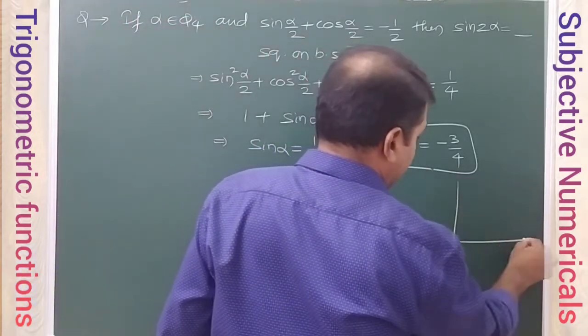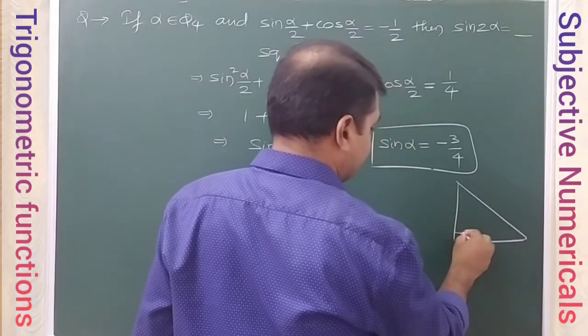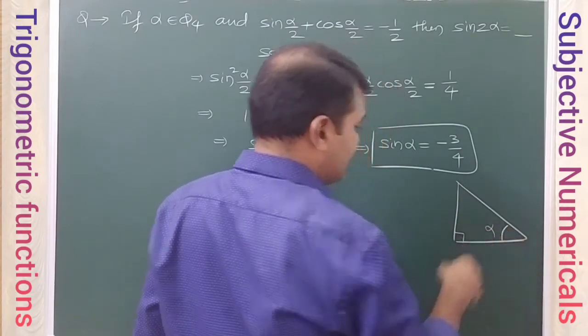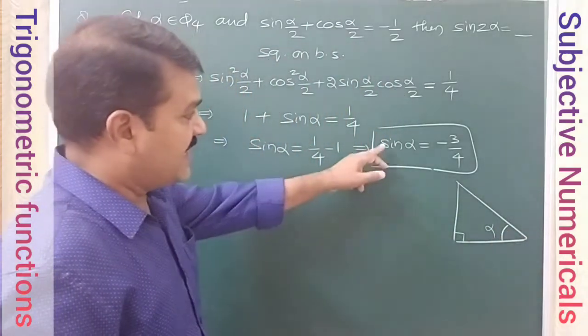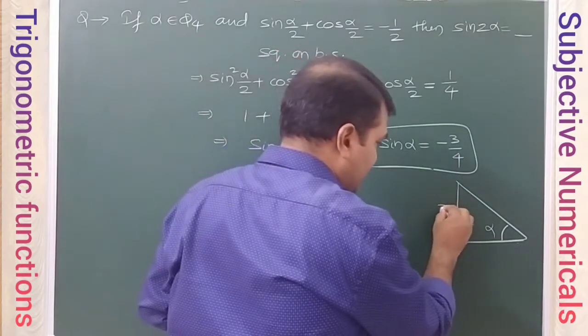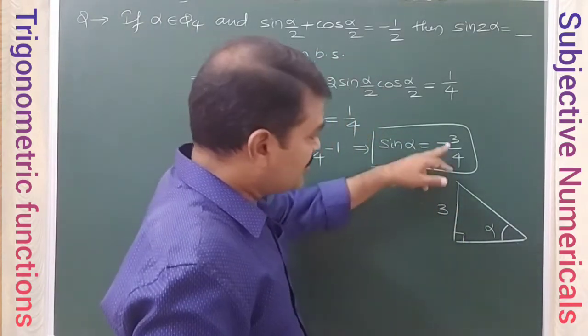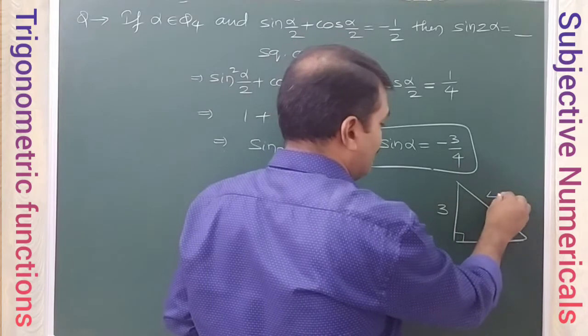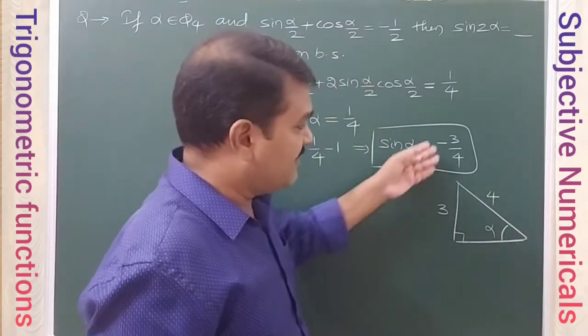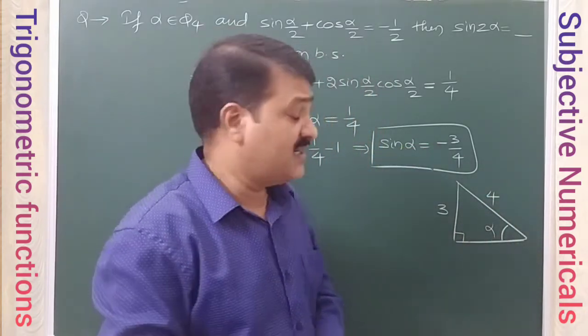So if you take a right angle triangle with alpha as one of the angles, sin alpha, opposite 3, hypotenuse 4. You know that we will not take minus in the sides of a right angle triangle.